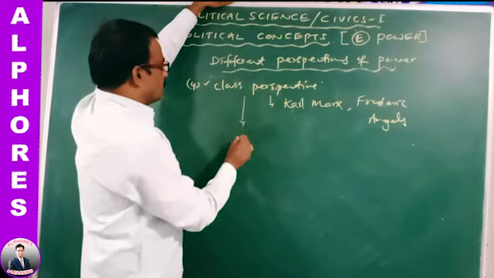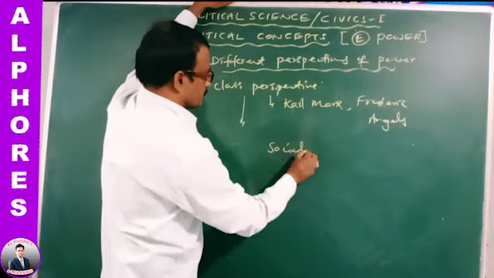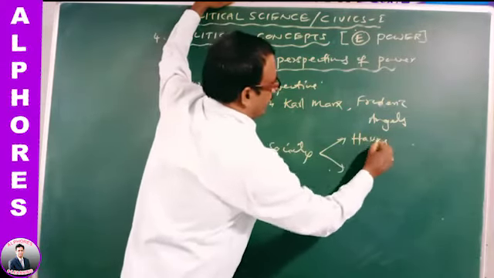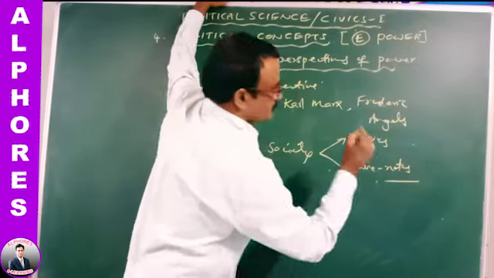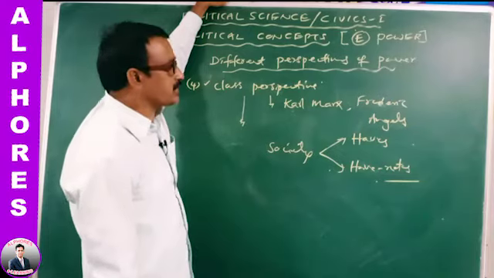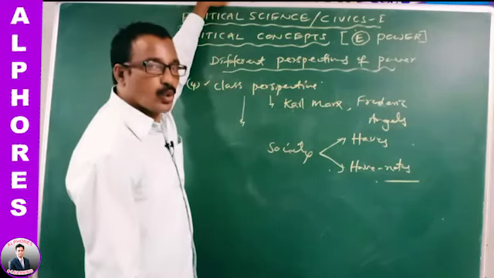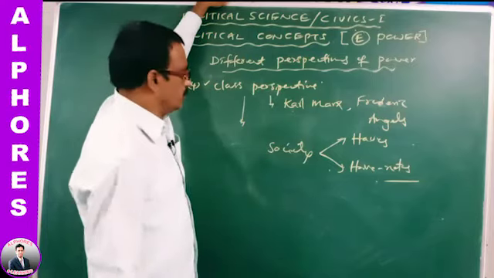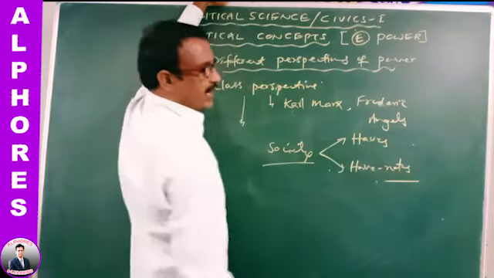According to this perspective, the exercise of power divides the society into two classes. One is haves, another one is have-nots. Clear? Based on the ownership of means of production. On the basis of ownership of means of production, society was divided into two classes, haves and have-nots.